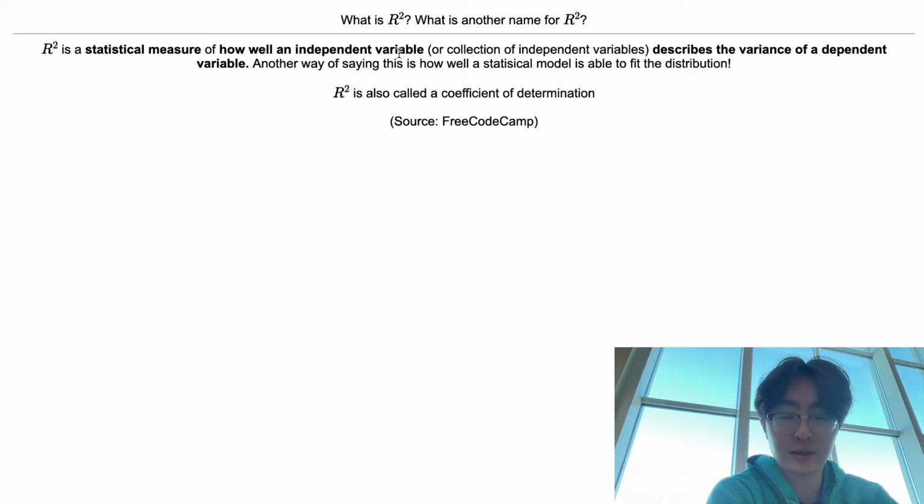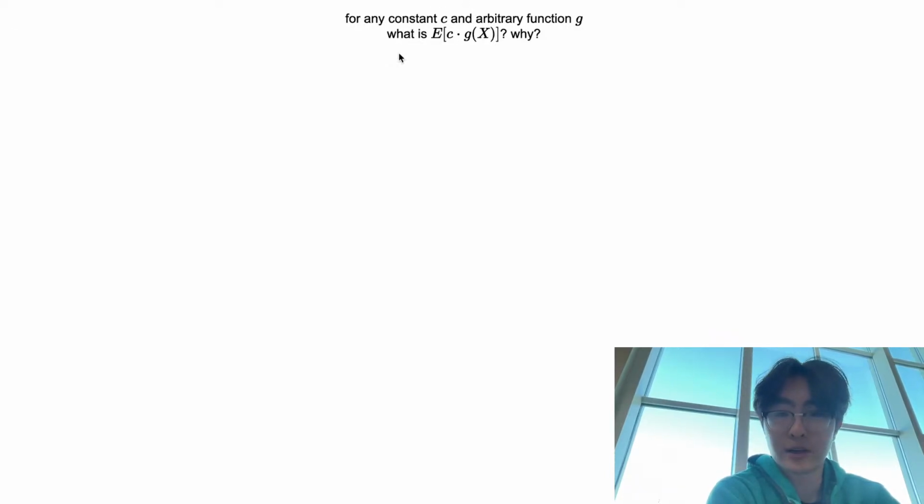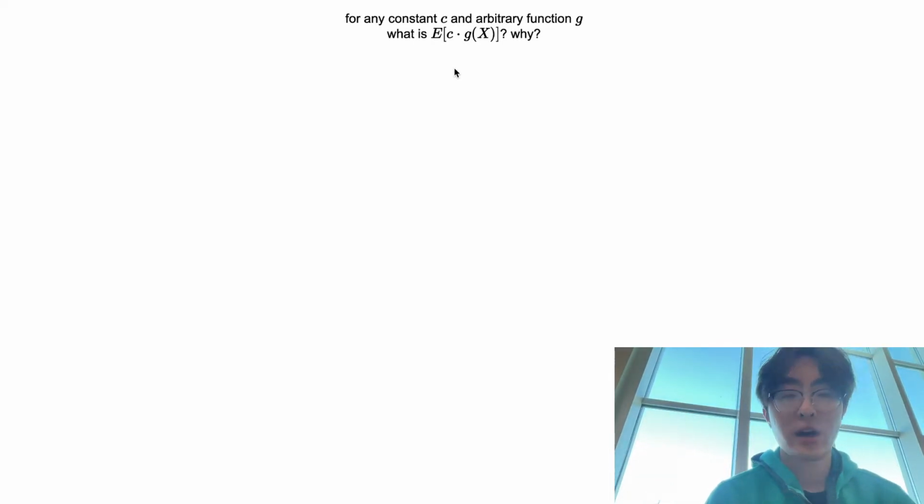Okay, that's good. For any constant c and an arbitrary function g, what is the expectation of c times g of x? So I believe in this case, we can split up the expectation of c times our function g of x into the expectation of c times the expectation of g of x.